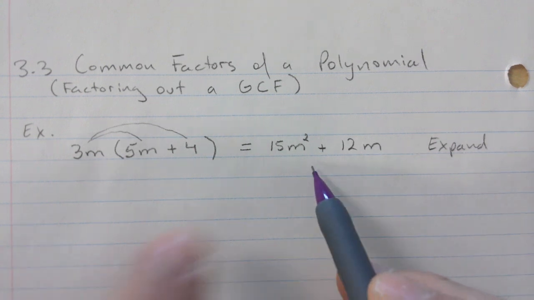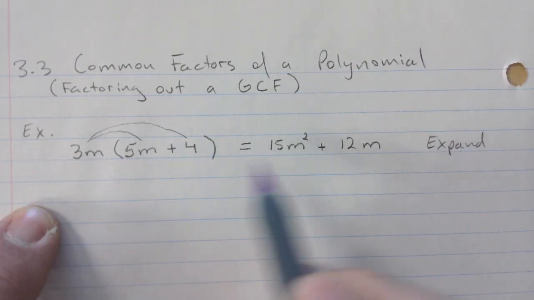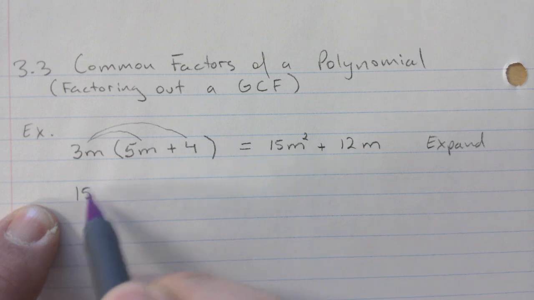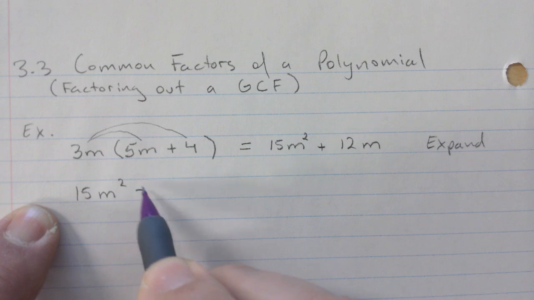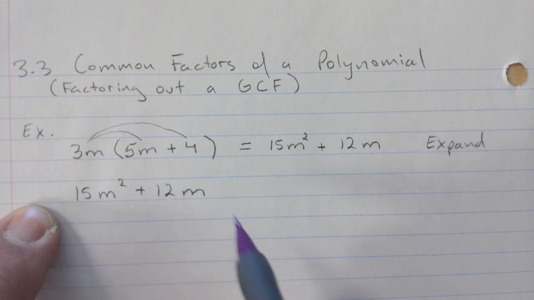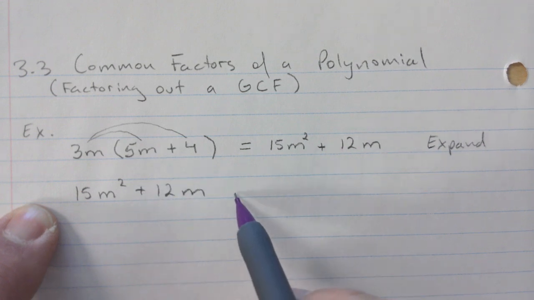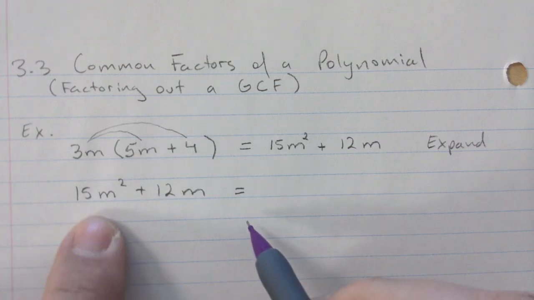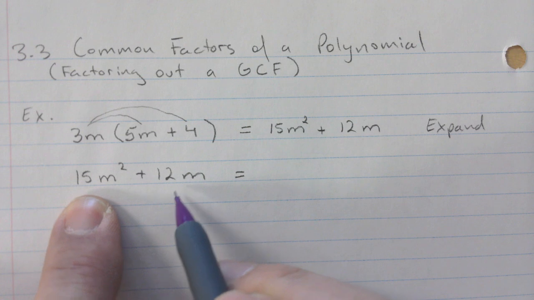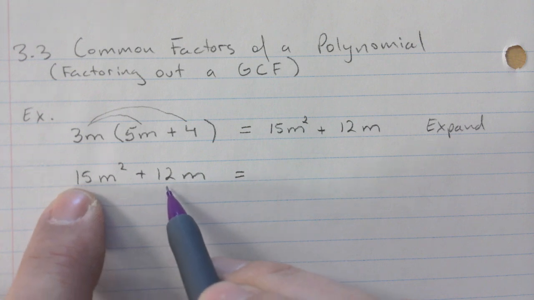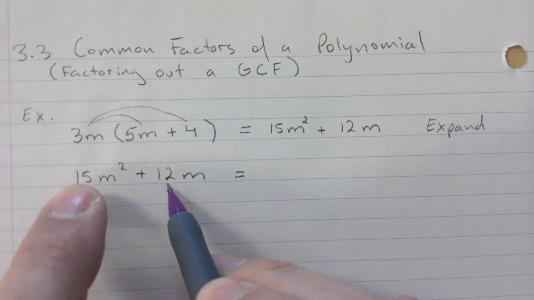But what if I started with this? Pretend like we don't know this yet. So 15m squared plus 12m. What if we looked at this polynomial and said, wait a minute, look at the numbers first, 15 and 12. What's the greatest number that goes into both of them? Well, that's 3.